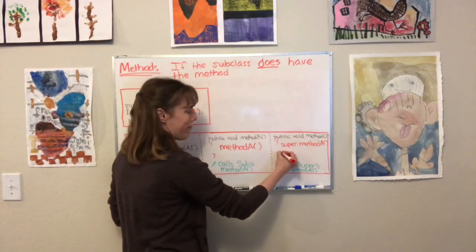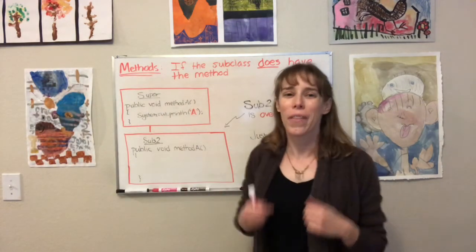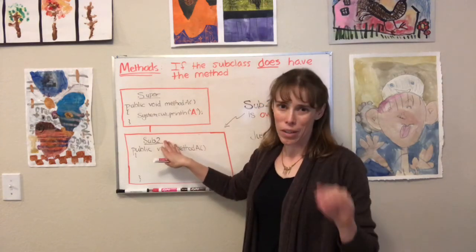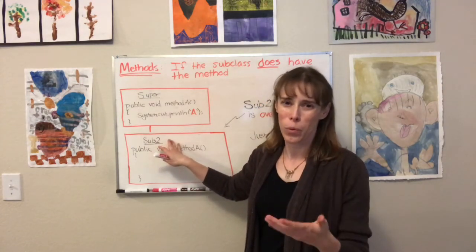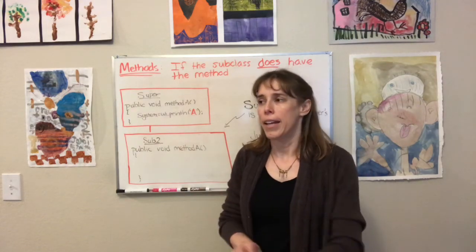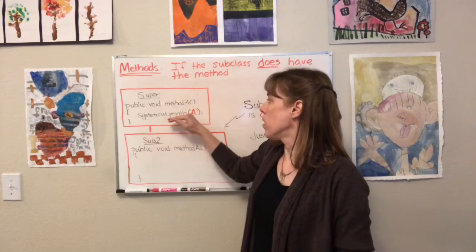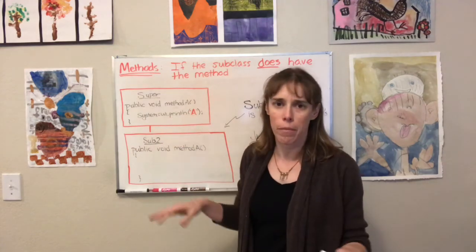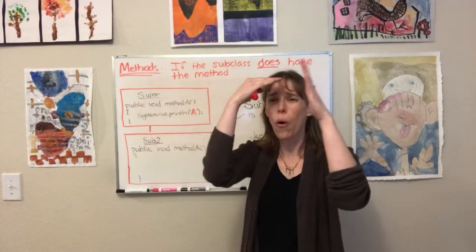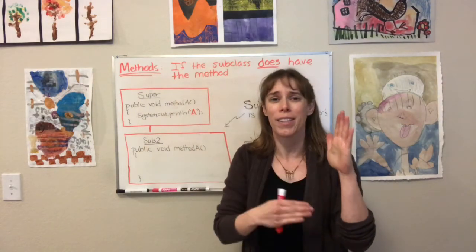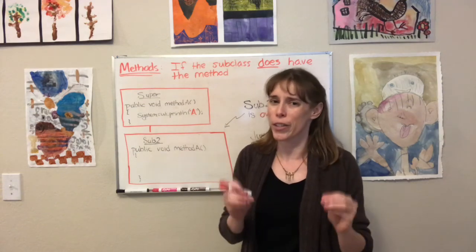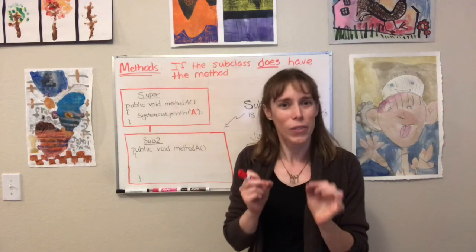So the other possibility is that now I've got another subclass here, sub2, instead of sub1. Instead of method A being a completely separate, different method, say this was a really complicated method and did a whole bunch of really awesome things, but there was one thing about it that you didn't like and that the subclass, the child, needed to change, right?